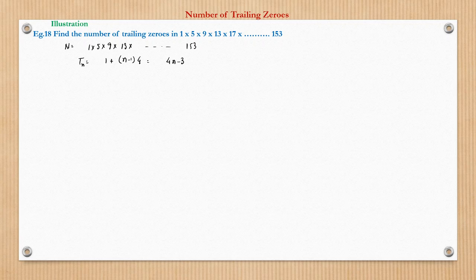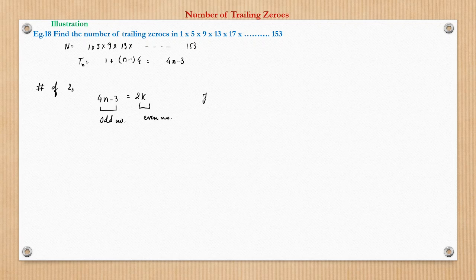So this is another interesting question. See, the number of trailing zeros would be given by the number of fives and the number of twos. Number of fives we can calculate, but number of twos, do you think this number will ever give a multiple of two? Let us find the number of twos here. So for that we will equate 4n minus 3 is equal to 2k. So 4n minus 3 is an odd number and this is an even number. So it can never be equal.